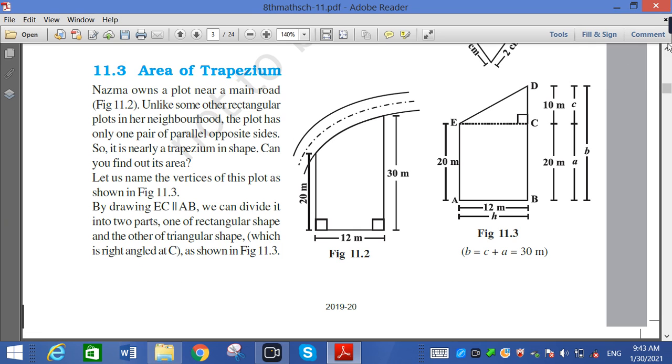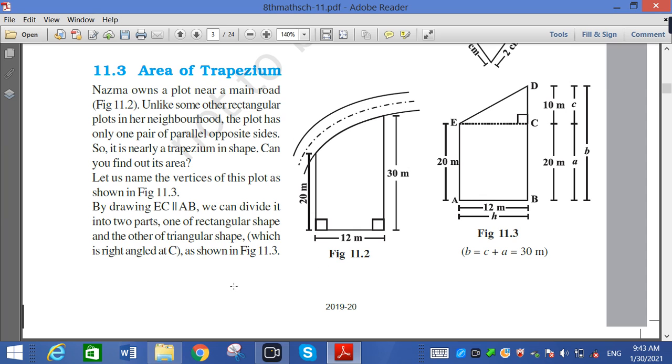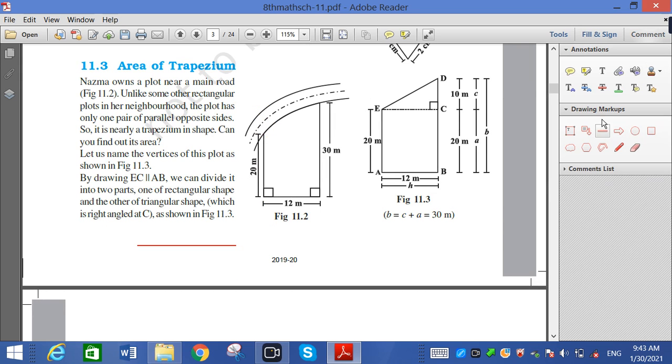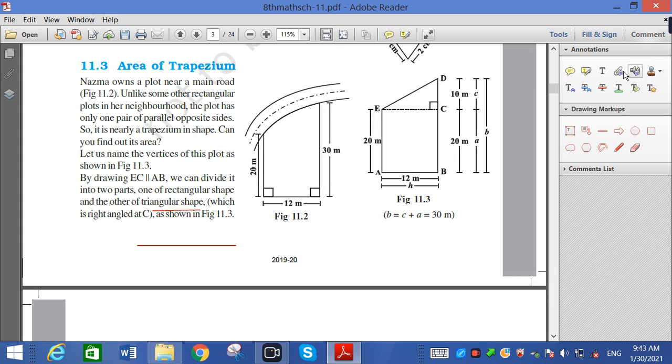So we can draw it with a scale. We have to take one scale and then we can draw one line, then take another scale and again draw one line like that, again one line.